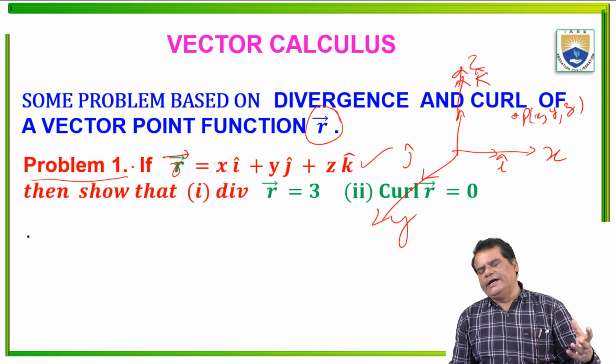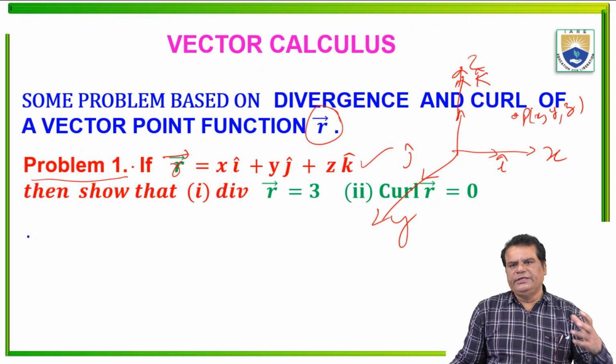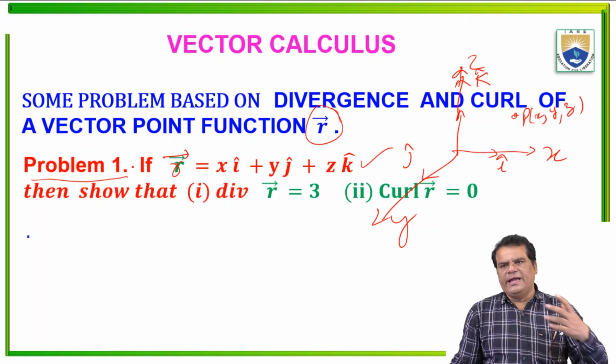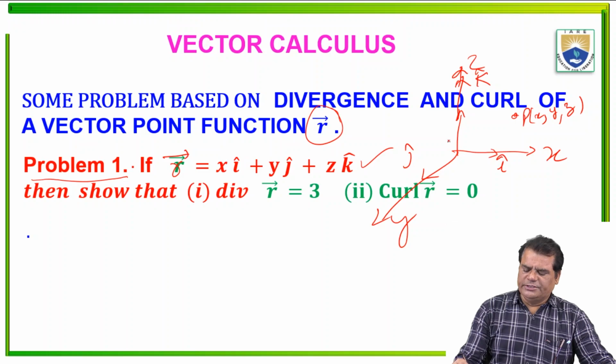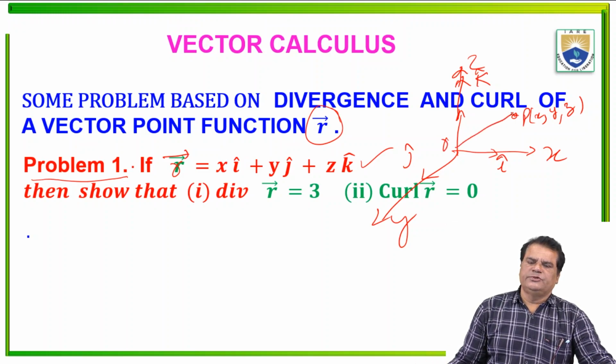I, j, k are three unit vectors which are applied along the x, y, and z axes respectively. So now this is the position. This is the origin O, joining O to P, OP. So what is OP? OP is vector R.